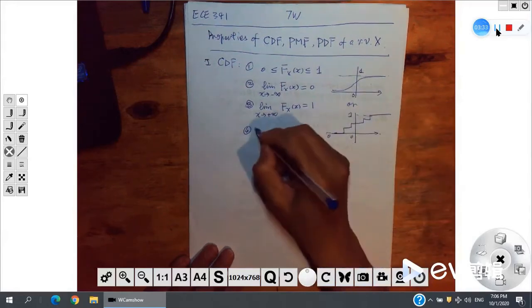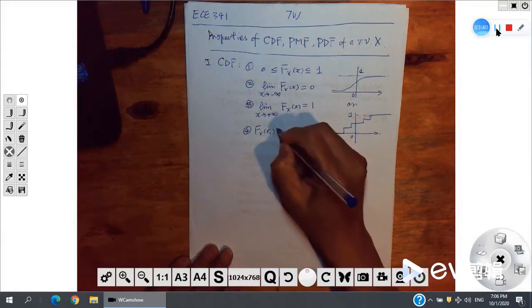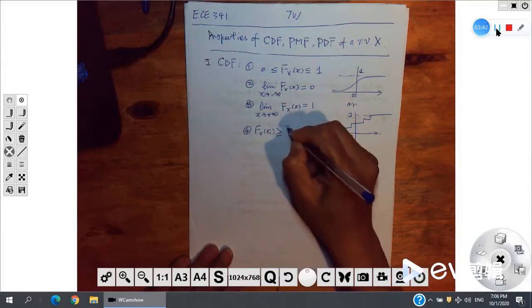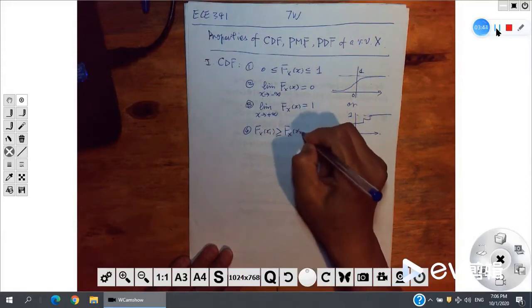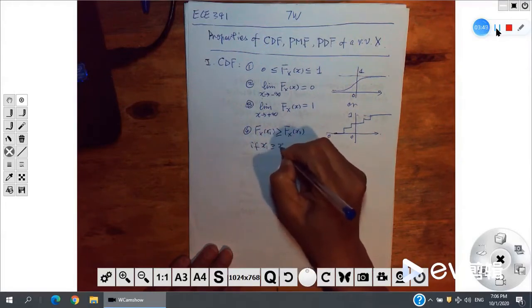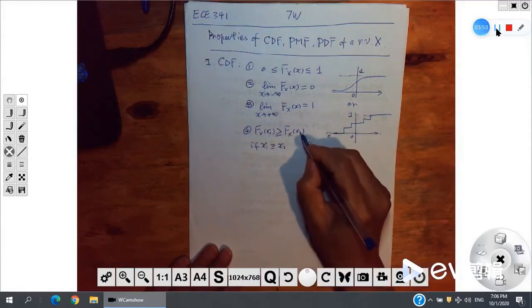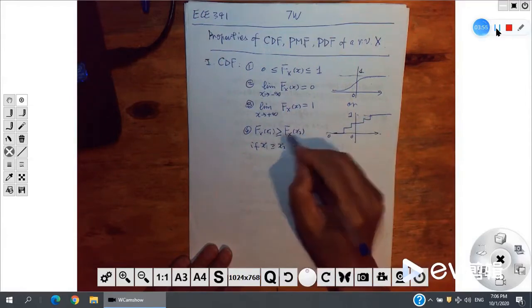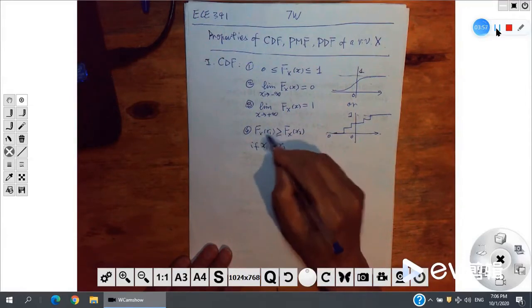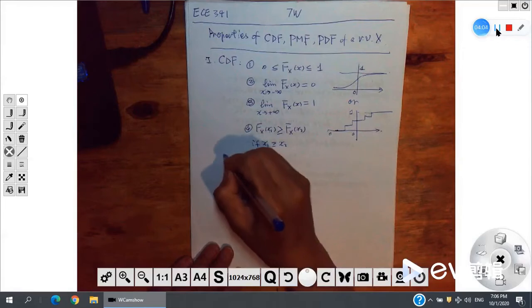So we have this property: F_X(x1) is larger than or equal to F_X(x2) if x1 is larger than or equal to x2. So when x increases from x2 to x1, the value of the CDF will also increase. Okay, this is for the CDF.